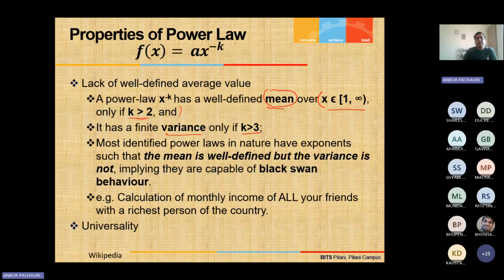Most identified power laws in nature have exponents such that the mean is well defined, but the variance is not, which implies a black swan wave. What does this mean? For most real-time scenarios, the value of k is less than 3.